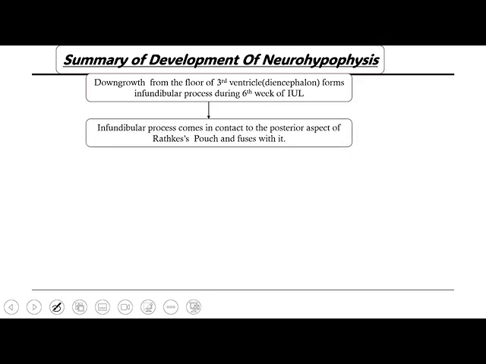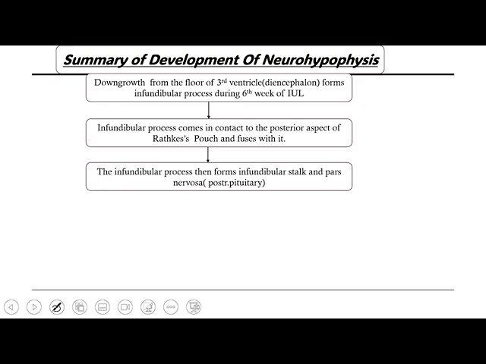And the infundibular process comes in contact with the posterior aspect of the Rathke's pouch and fuses with it. It happens when the Rathke's pouch gets detached from the surface ectoderm and comes to lie near the infundibular process, which later on forms the pars nervosa. And next, this infundibular process forms the infundibular stalk as well as the pars nervosa or posterior pituitary gland.